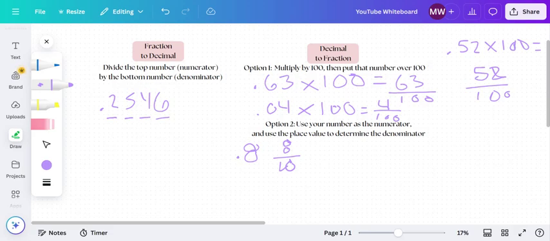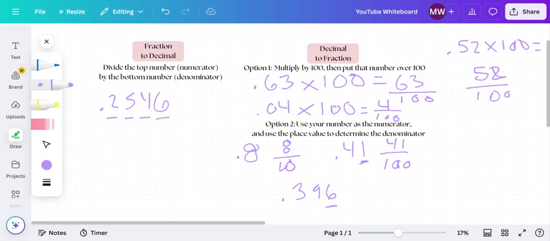Another example would be 0.41. We say this number as 41/100ths because it goes out to the hundredths place. So that means my denominator would be 100. What number do I put on top? 41. I'm just copying that over. One more example would be 0.396. What's the farthest place value we go out to?